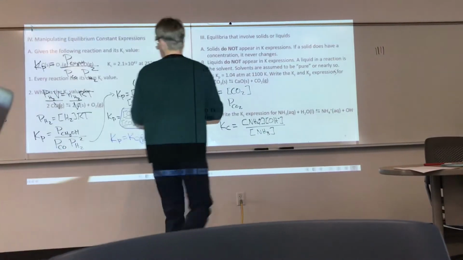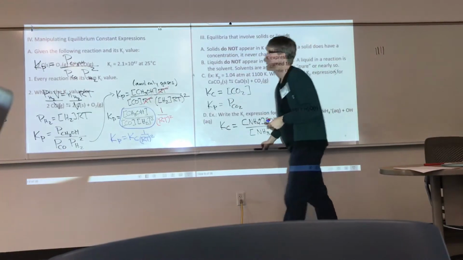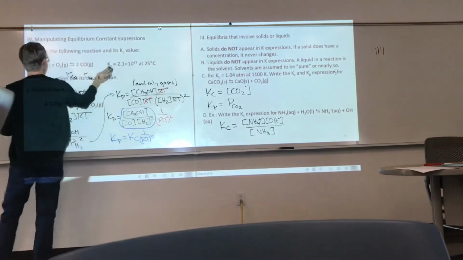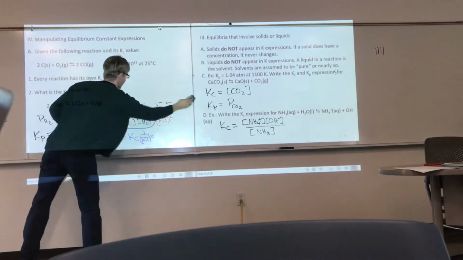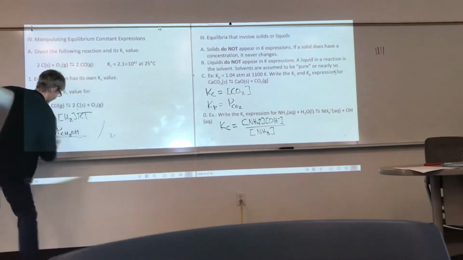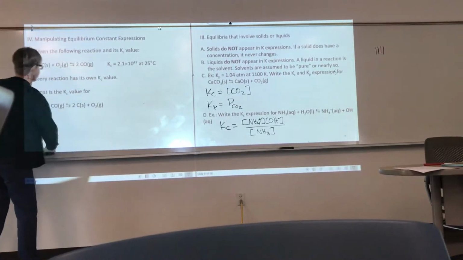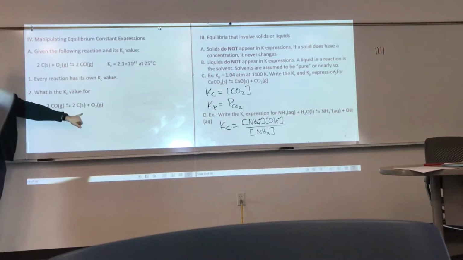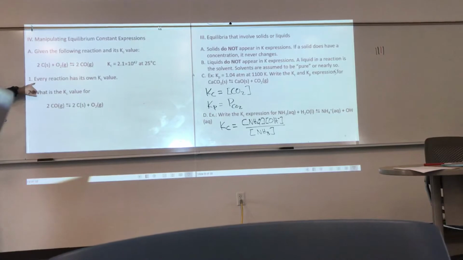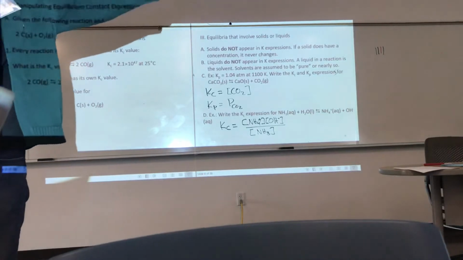Manipulating equilibrium constant expressions: given the following reaction and its Kc value, what is the Kc value for this reaction? And here I'm going to draw a parallel before I do the example in the last few minutes here. If this were Chem 400, right now I'd be saying every reaction has its own delta H value.